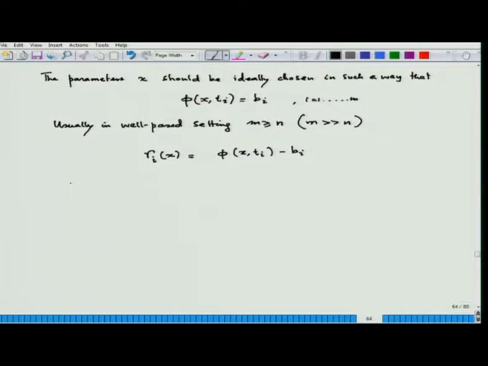So, for each I am having one residual, and then I want to minimize this over x in R^n.